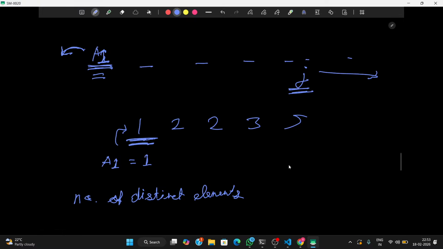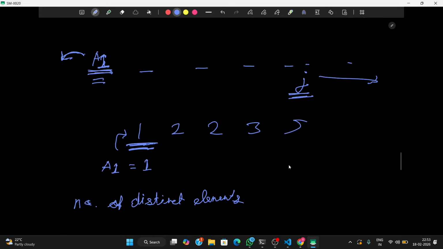So what you want to do is you will again do the same thing that you did earlier. Just the thing is that you can convert any element to one only. Suppose A1 was one here. So you will take any element and convert it to one. This will not affect our solution as one will always remain in the array.